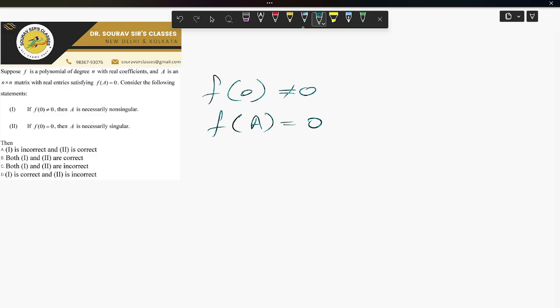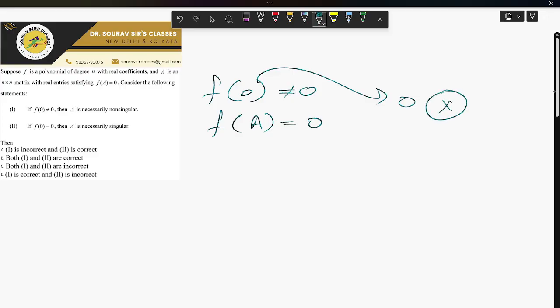So if f of 0 is not equal to 0, then 0 is not a root of this polynomial. This implies that 0 cannot be an eigenvalue, because if 0 were an eigenvalue, then f of 0 would have to be 0, since f of A equals 0 holds.